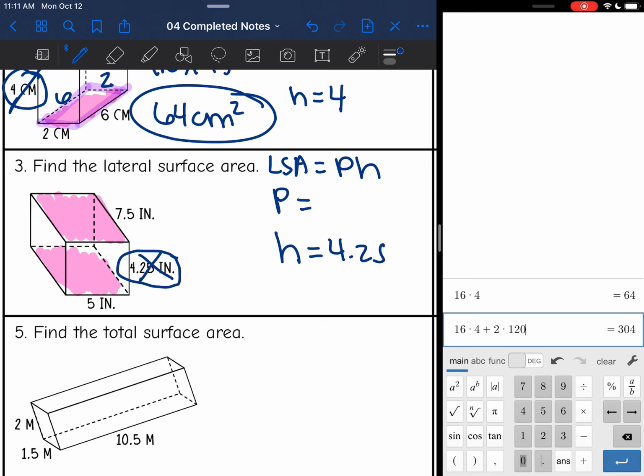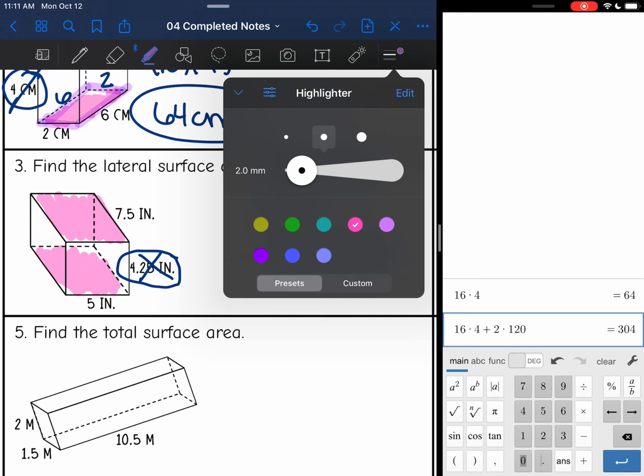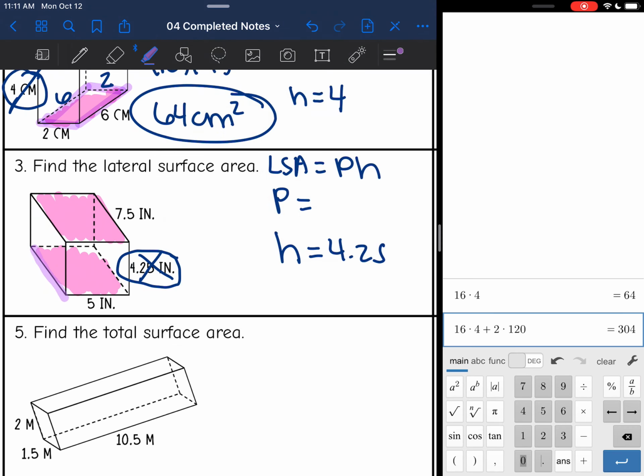Okay, now I need to find the perimeter of the base that I shaded. Sometimes this can be a little tricky because they put the numbers not next to each other. So I'm going to outline the perimeter and that might help us. I'm finding around the base here. So this side is 7.5 and I will add 5, another 7.5, and then another 5.